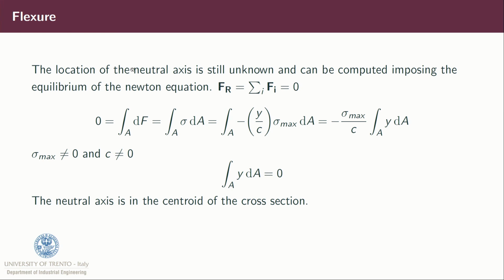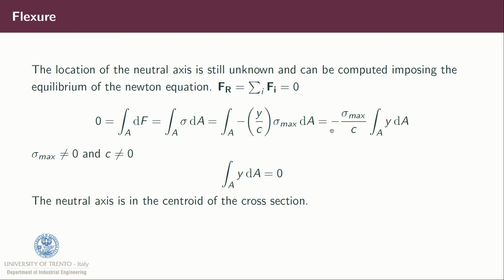The actual location of the neutral axis is still unknown, so we can compute the position imposing the equilibrium of the Newton equation. So the resultant force, the sum of all the forces, must be equal to 0. So 0 is equal to the integral over the area of dF, which is equal to the integral over the area of sigma dA, which is equal to the integral over the area of minus y over c times sigma max dA.